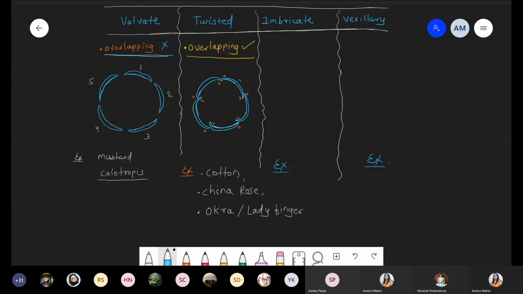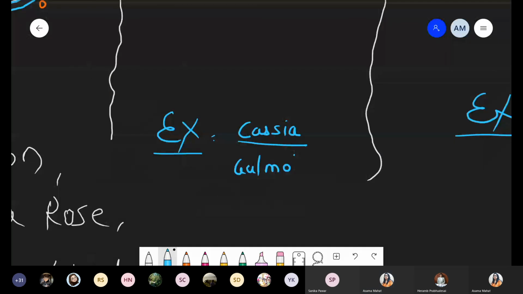Okay. So write down the example under the in bracket condition. Write down first one by one example. Cassia and the Gulmohar under the imbricate. Cassia and the Gulmohar.